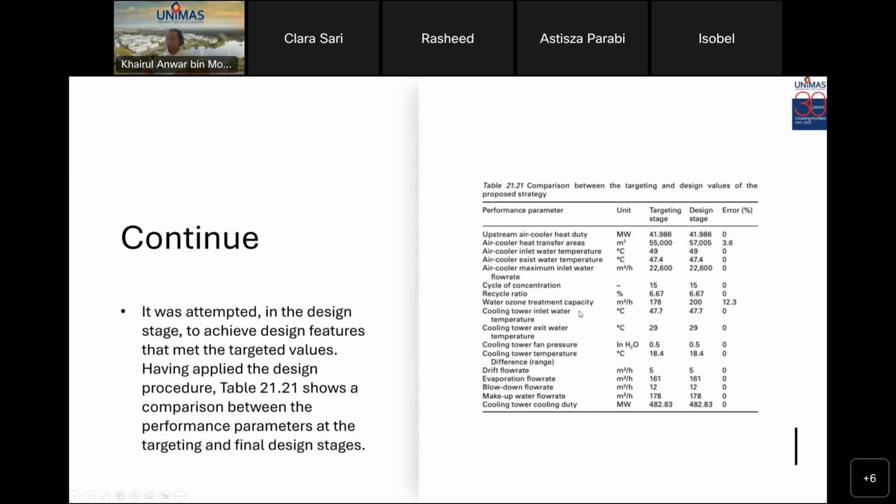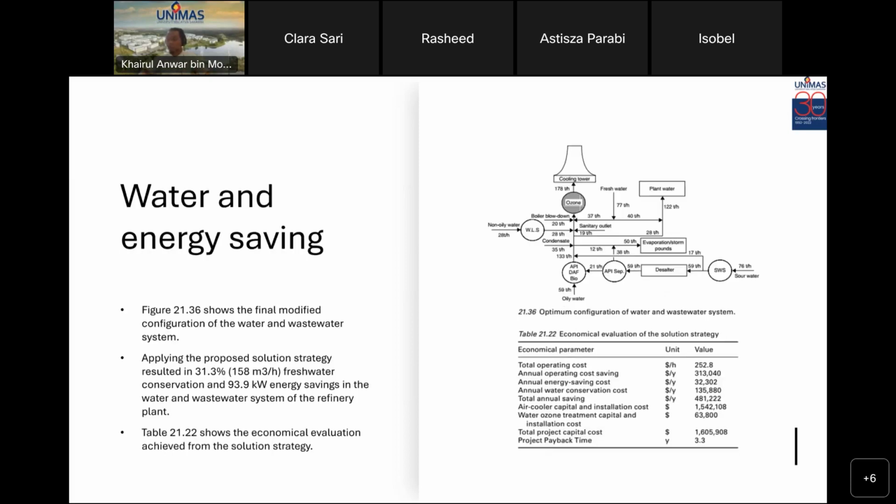So water ozone treatment capacity is the new unit operation. If we were to increase the cycle, water and energy saving.